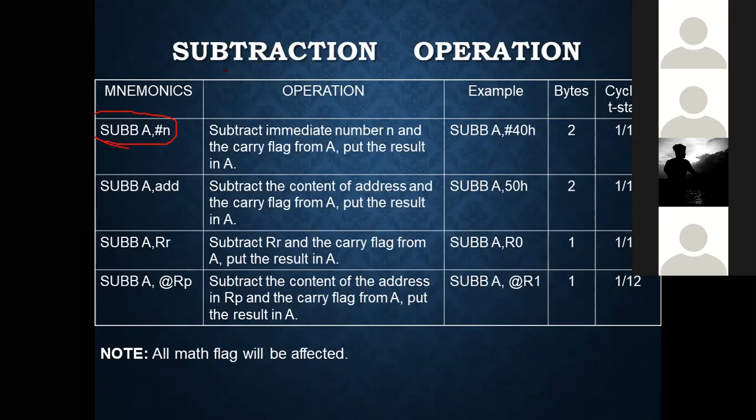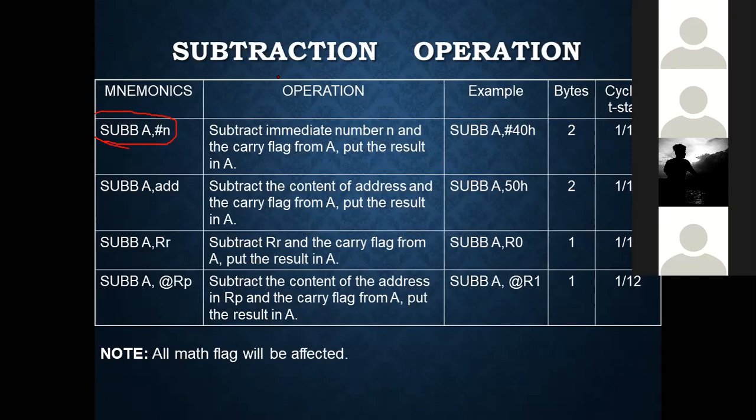Clear? But take another example, SUBB A, #45H, but before the instruction the content of the A register is 1FH, and the carry flag is 0.